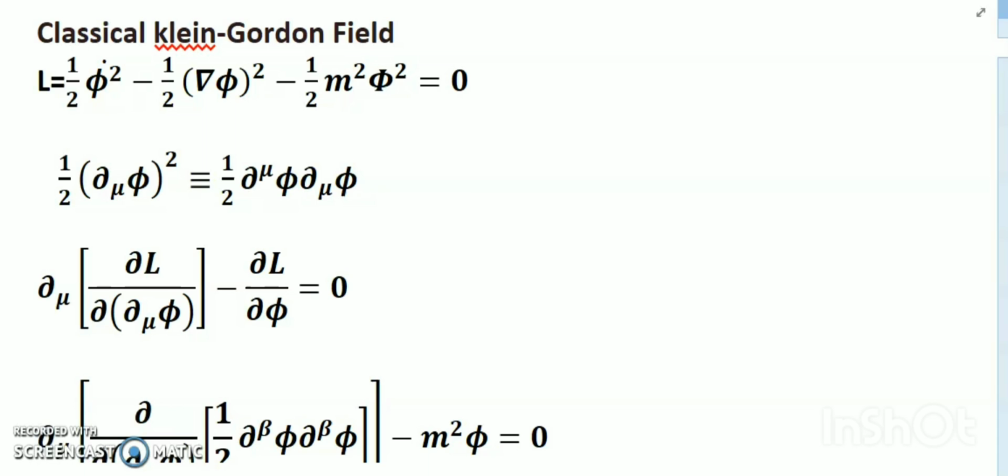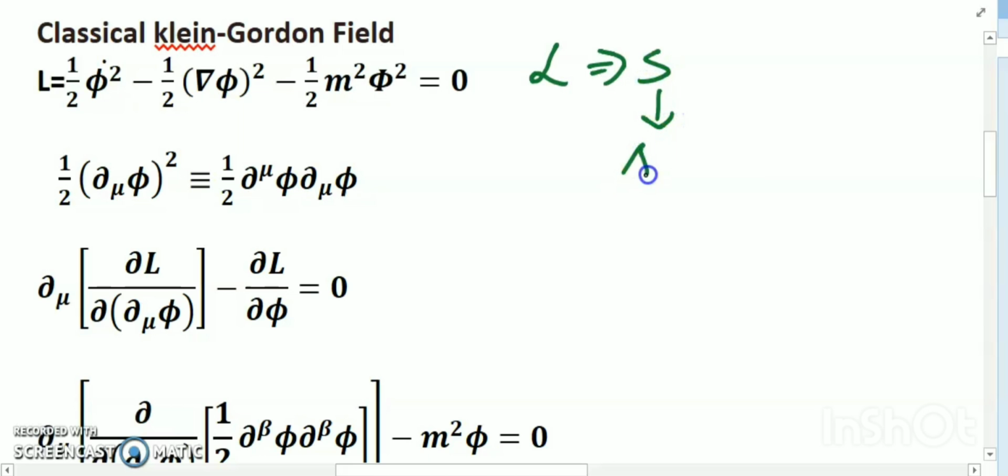Now friends, the Klein-Gordon field. The Lagrangian is an action, means S. Minimizing the action gives us the equation of motion.